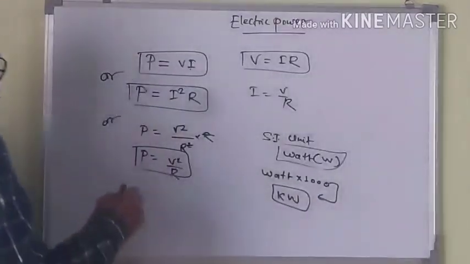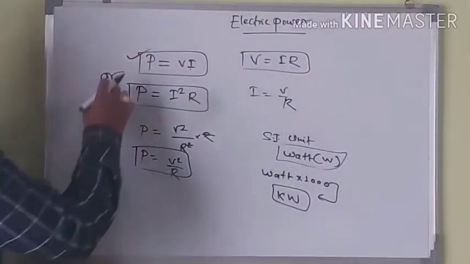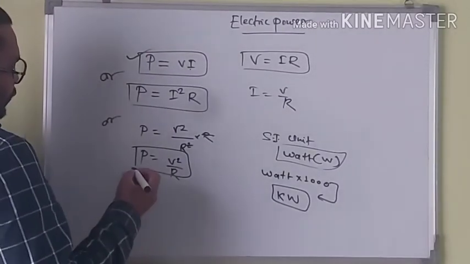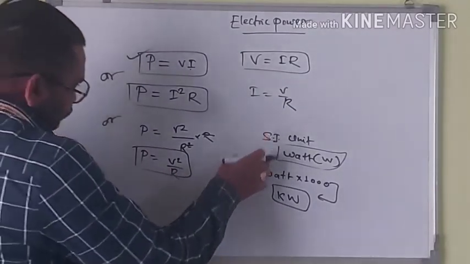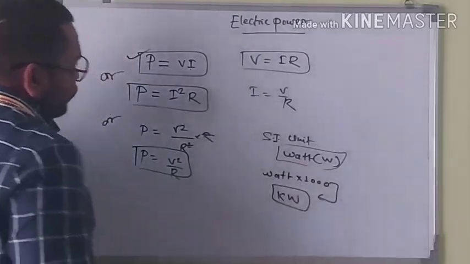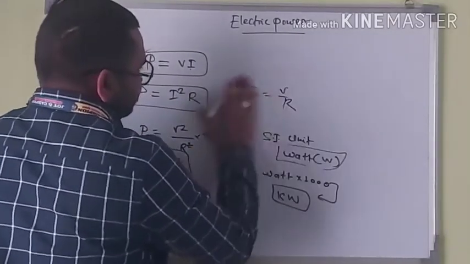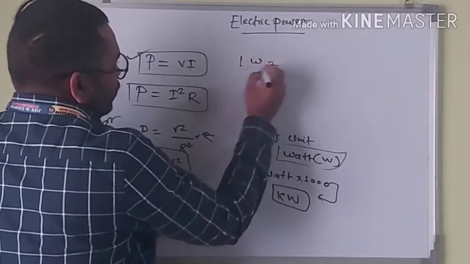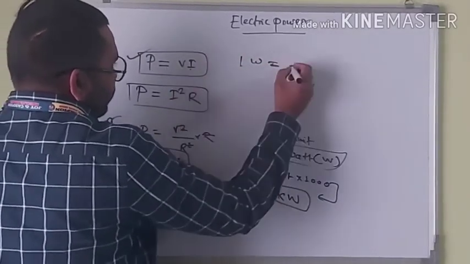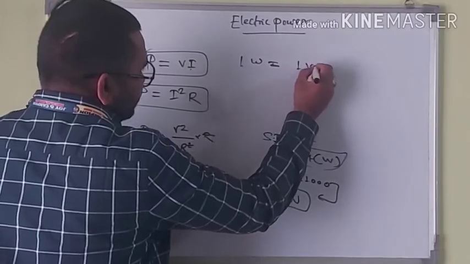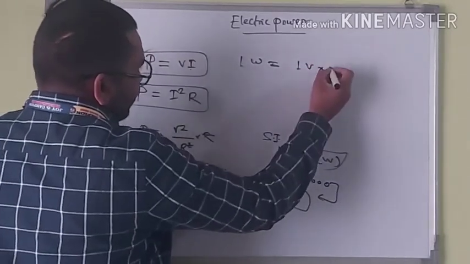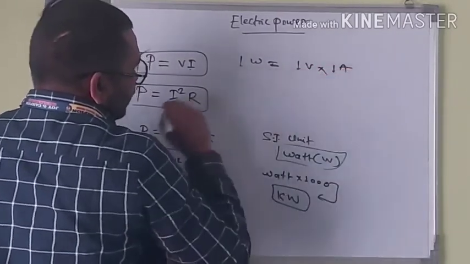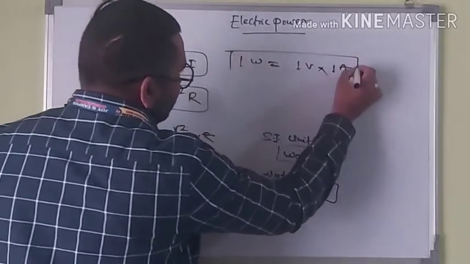Okay, so the SI unit is watt. So the value of 1 watt is 1 volt potential difference multiplied by 1 ampere current.